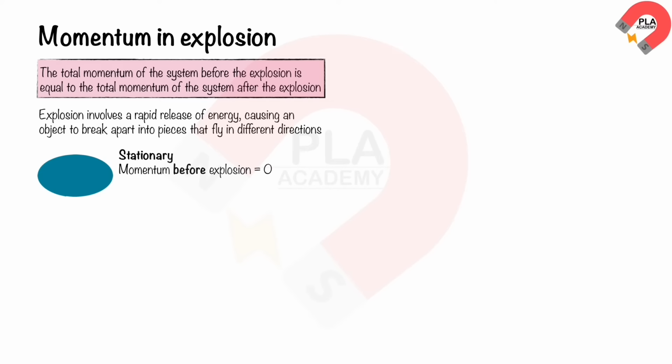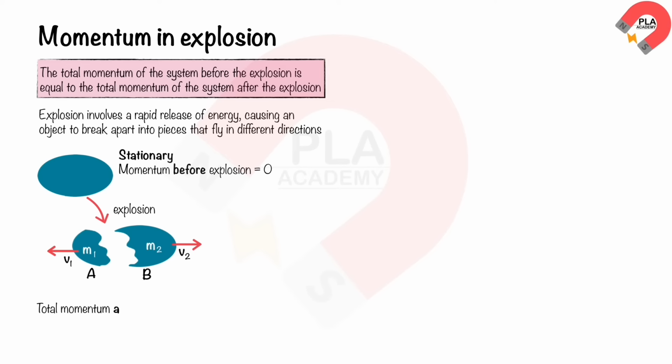The object explodes into two fragments with masses m1 and m2, which move apart at velocities v1 and v2, respectively. The total momentum after the explosion is the sum of the momenta of the two fragments, m1 v1 plus m2 v2. Momentum is conserved during an explosion.